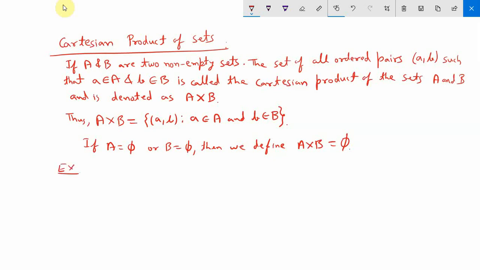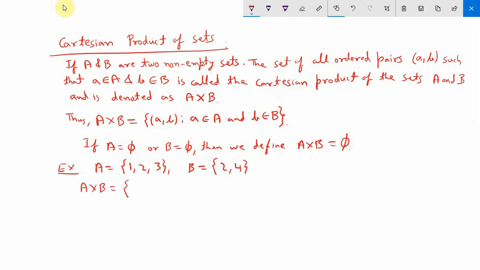See, if A equal to {1, 2, 3} and B is equal to {2, 4}. Okay, so what will be A × B? If we have to find A × B, we have to write all ordered pairs (a, b).